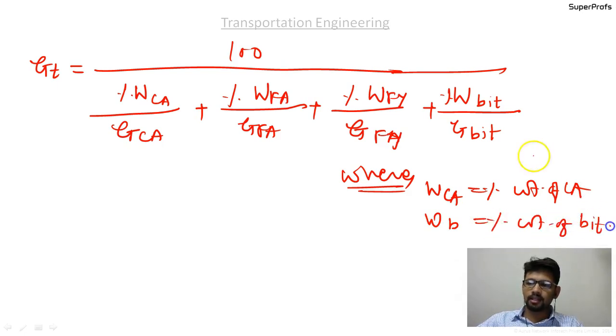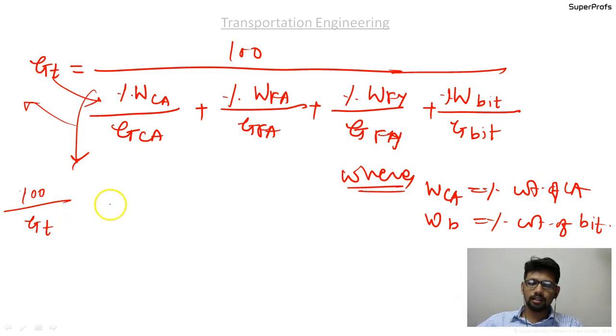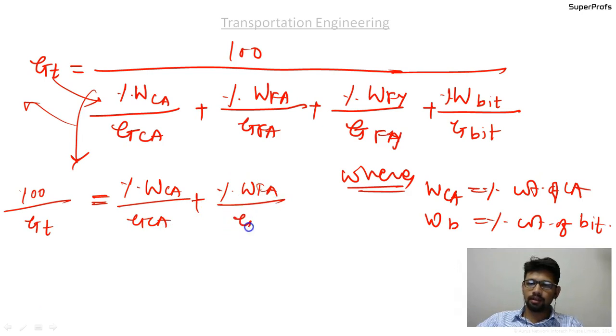Similarly for all the others. This comes from the formula we have been using: if you take GT to the left hand side, we get 100 upon GT, the theoretical specific gravity of the complete bitumen mix, equal to percentage WCA upon GCA plus percentage WFA upon GFA, and so on, plus two more terms.